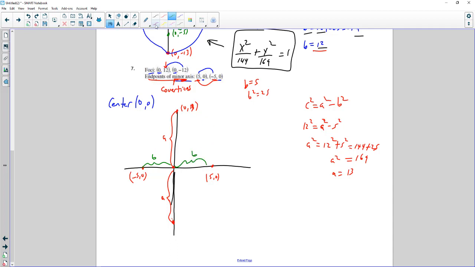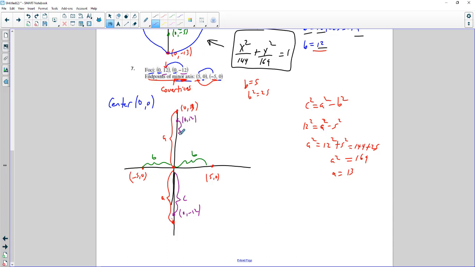Now we have this thing called a focus in both directions, so it's going to be one about here at -12 and the other one up here at +12. And those are your foci. And that distance here along the major axis, which is the y-axis here, will be called c. And same thing for this one.